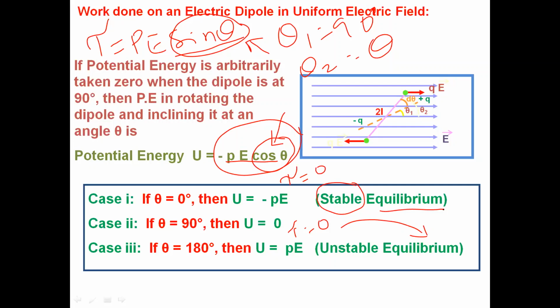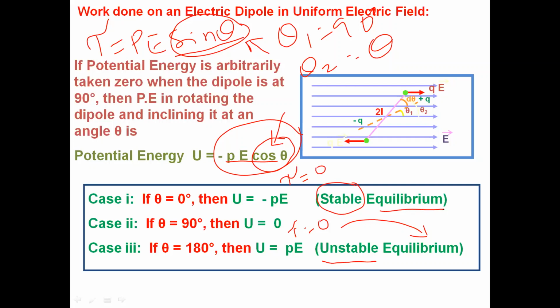In case 1, that is when theta equal to 0 degree, potential energy is minimum. That is why that equilibrium is called stable equilibrium. Whereas in case 3, torque is 0, which corresponds to equilibrium, but potential energy is maximum. Maximum potential energy corresponds to instability, right? So there can be a short answer question you can expect in addition to the 3-mark question, which is going to be the derivation part.